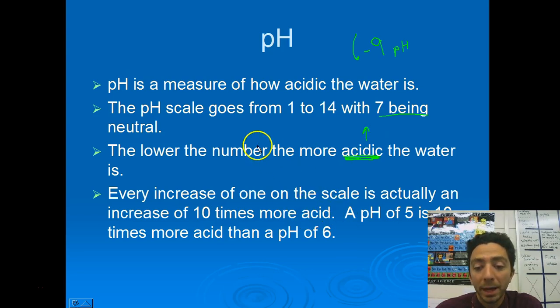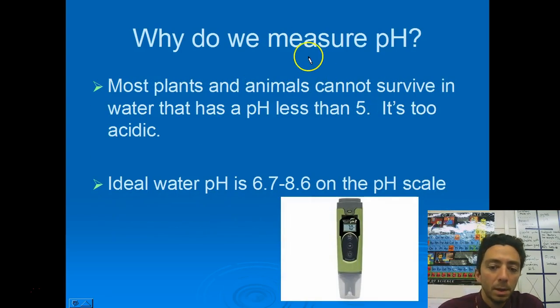Remember that every number on the pH scale is a factor of 10. If we're talking about a 6 versus a 7, the 6 is 10 times more acidic than the 7. 6 to 9 doesn't seem like a very large scale, but each number there is 10 times less acidic than the previous.